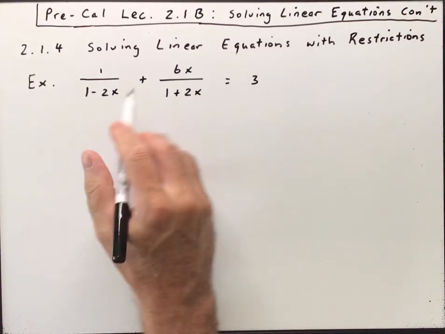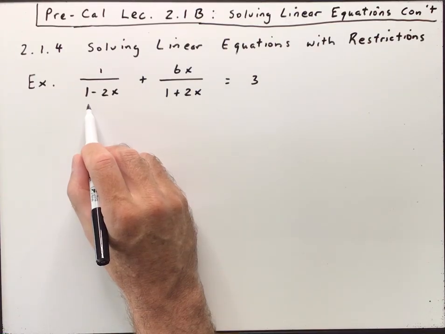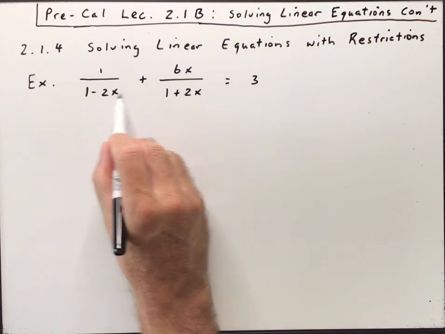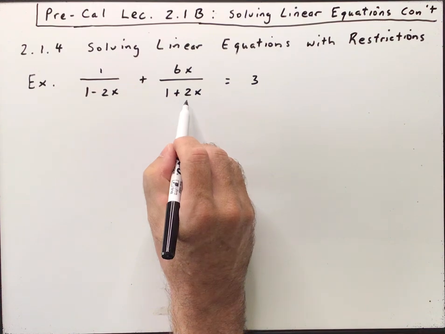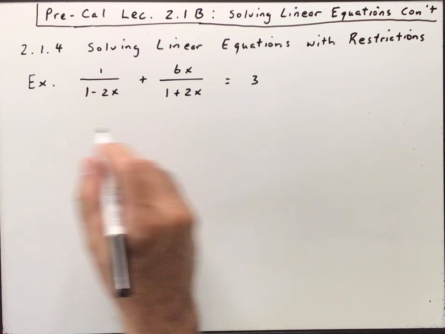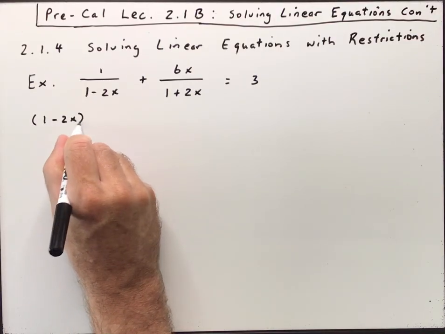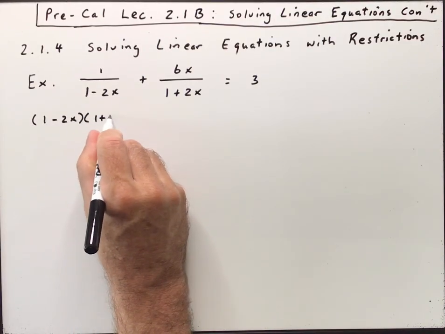Sometimes you just have to multiply the two denominators together to clear the fraction. That's really the only common multiple you can get. So let's multiply both sides by 1 minus 2x times 1 plus 2x.